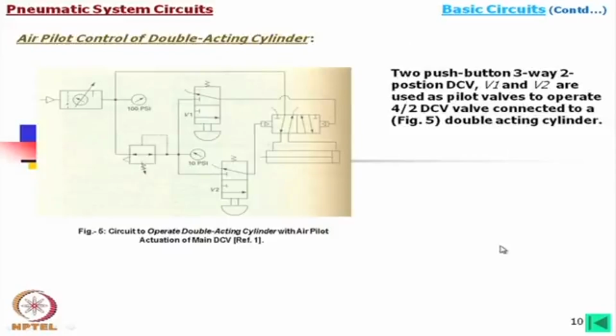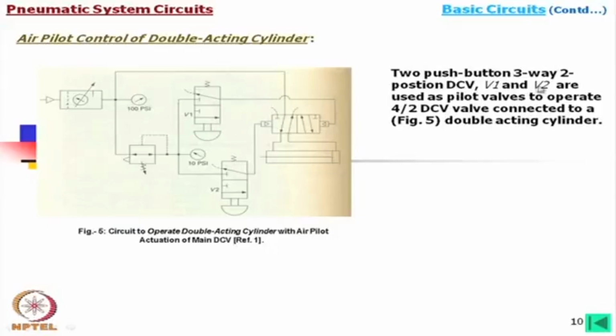Now, air pilot control of double acting cylinders: the same double acting cylinder, and we have the same valve, but instead of push button, this is actuated by the air, and that is called pilot operated.